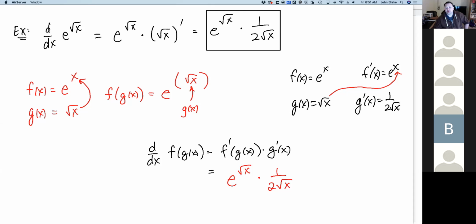What makes this particularly difficult is what if there are more than 2 functions involved? So what if you have f of g of h, right? So you've got 2 inner functions instead of just 1. So that's where a little bit of the difficulty is going to come from this topic. And we'll discuss a lot of that on Monday. But I wanted to give you a sneak peek of it. That way, if you wanted to get started on the homework a little bit, you're certainly welcome to.